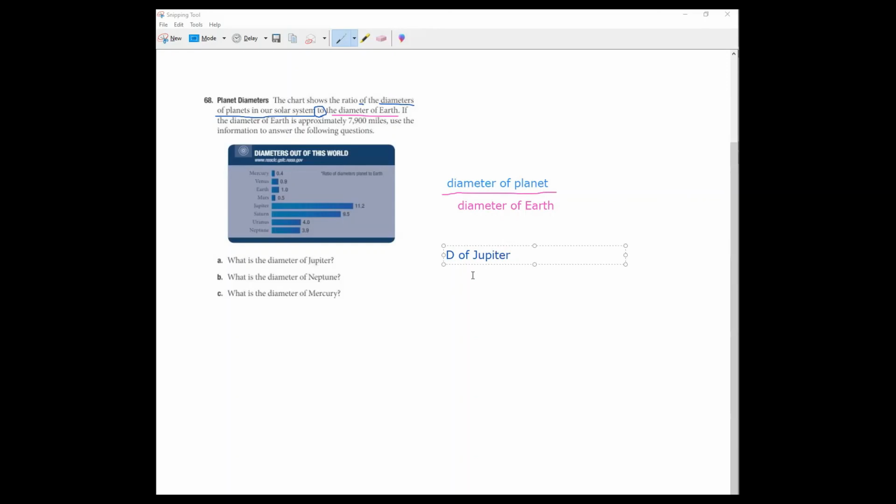The thing that we know is the diameter of the Earth. So in the denominator of our fraction, we're going to put the diameter of the Earth that we were given, which is 7,900 miles. And we know that this whole thing is supposed to be equal to a ratio of 11.2.